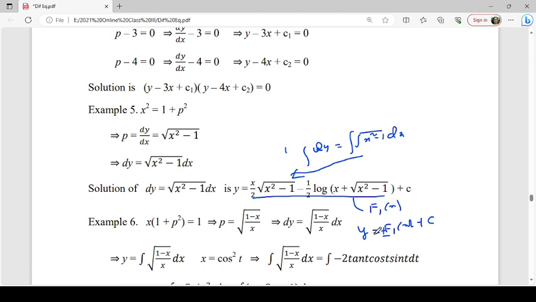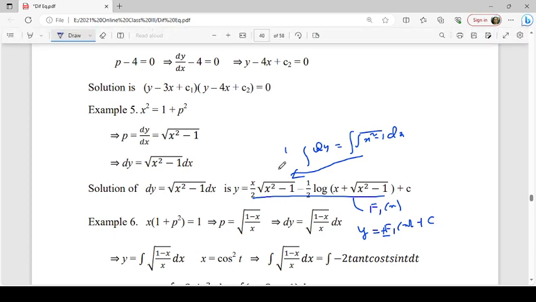Then we can do (y + this + c1) into (y - this and this). You can write this as c2, but not necessarily. So this will do.